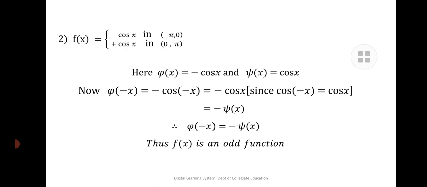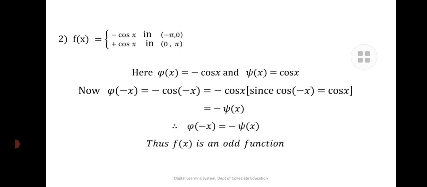So f of x is equal to minus cos x in the interval minus pi to 0, and plus cos x in the interval 0 to pi. Here phi of x is equal to minus cos x, and psi of x is equal to cos x. Now phi of minus x is obtained by substituting x is equal to minus x in the function f of x. So that means minus of cos x.